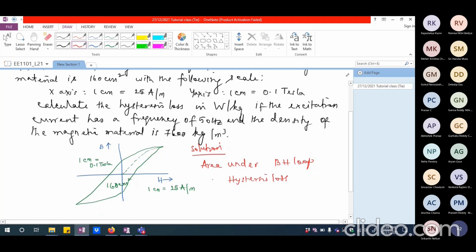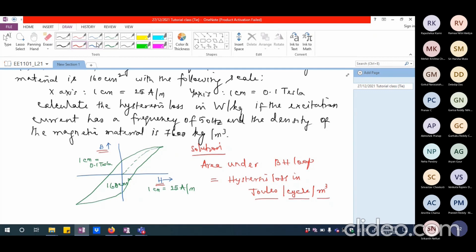So this will be hysteresis loss in joules per cycle, because every cycle this loop is traversed, and per meter cube, because we are talking about flux density, which is per unit area, and magnetic field intensity, which is per unit length of the magnetic circuit. That is why the area under the BH loop represents the hysteresis loss in joules per cycle per meter cube.